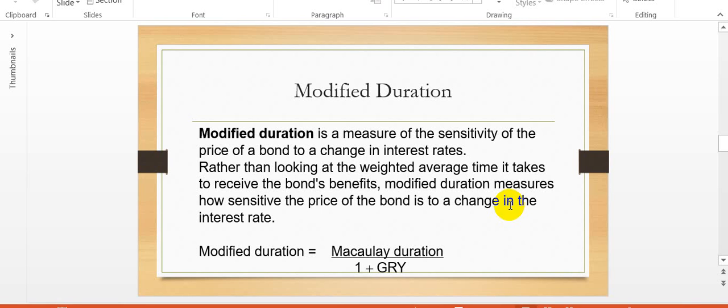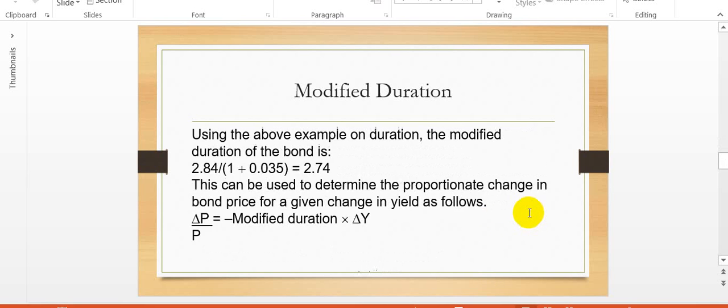You have to memorize the formula for modified duration, as it will not be given to you in the exams. So modified duration equals Macaulay duration divided by 1 plus the gross redemption yield. As a follow-up from the previous example, we can calculate the modified duration.